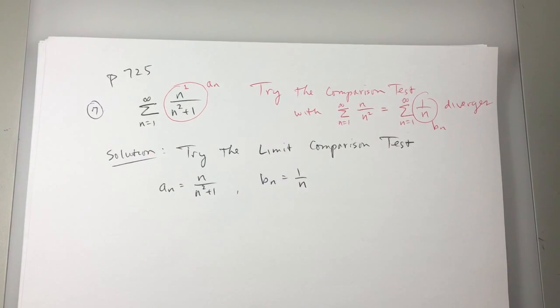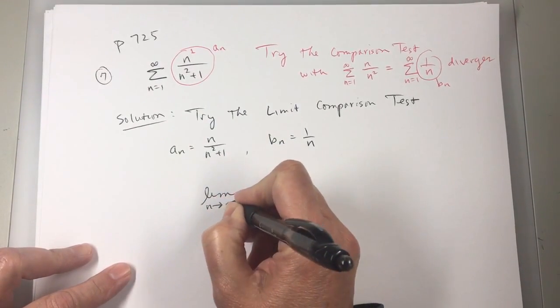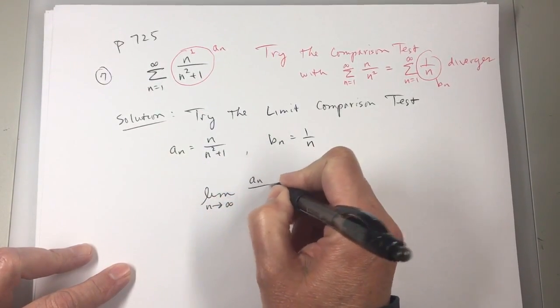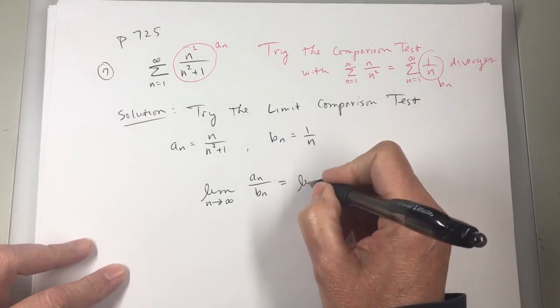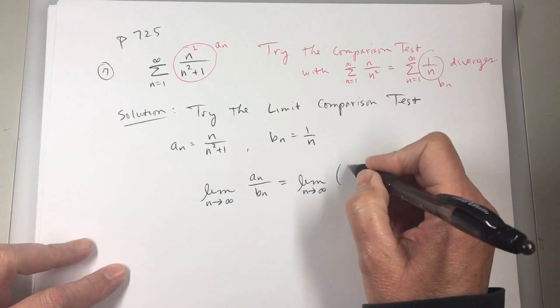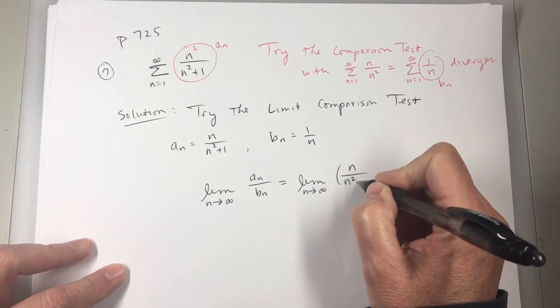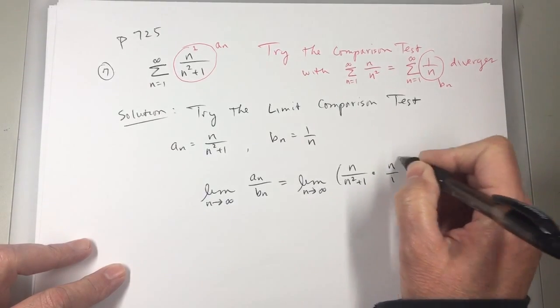And the limit comparison test, we're going to find this limit. The limit as n approaches infinity of a sub n over b sub n. So that's the limit as n approaches infinity of n over n squared plus 1 times n over 1.